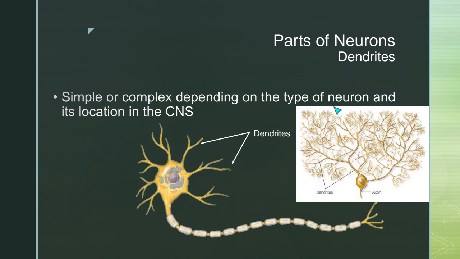So some cells in the cerebellum do, in fact, look like this because of the types of functions that the cerebellum is involved in. Dendritic arrangements vary in complexity depending on the type of cell and neuron we're talking about, its location, and what job it has to perform.